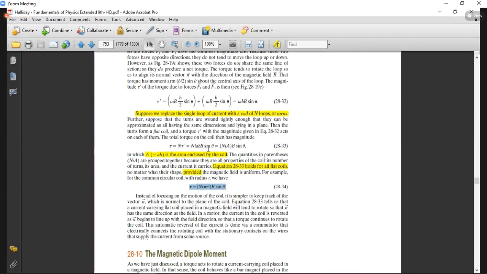You can see that it is equal to this one, and for the circular coil they have written it as pi r square. Clear? So this is the torque that will act on a coil, a loop of wire, if it is suspended in the magnetic field.